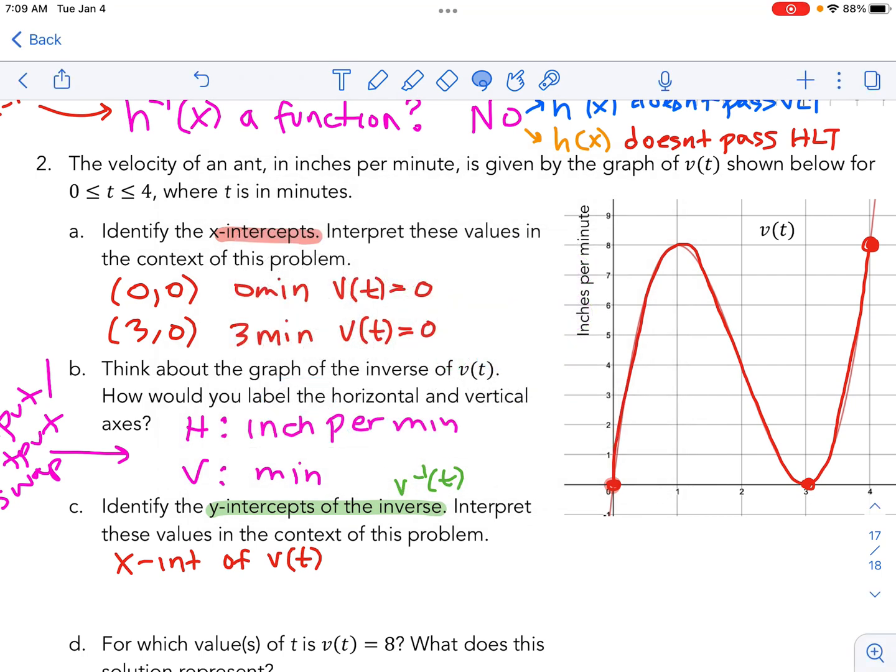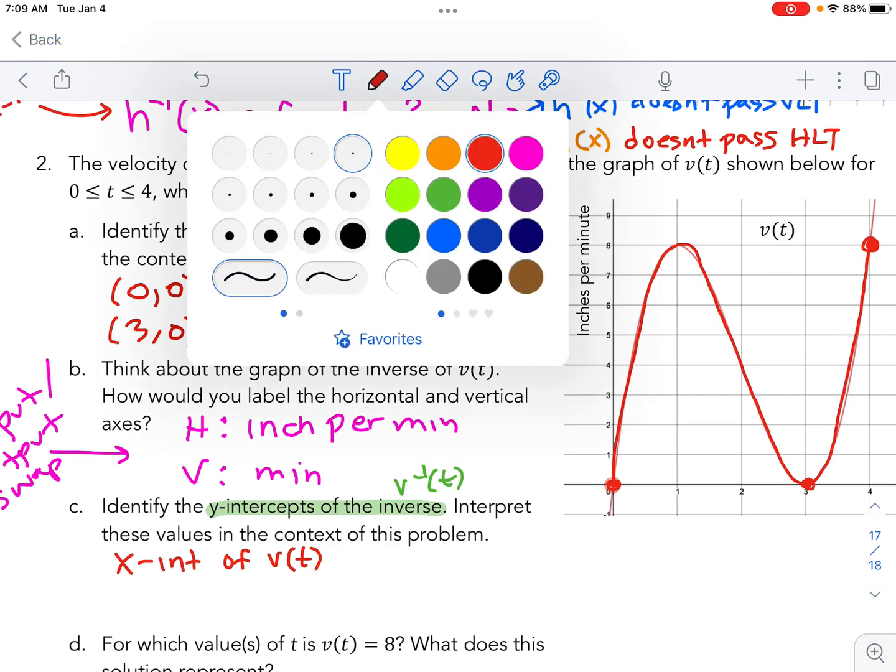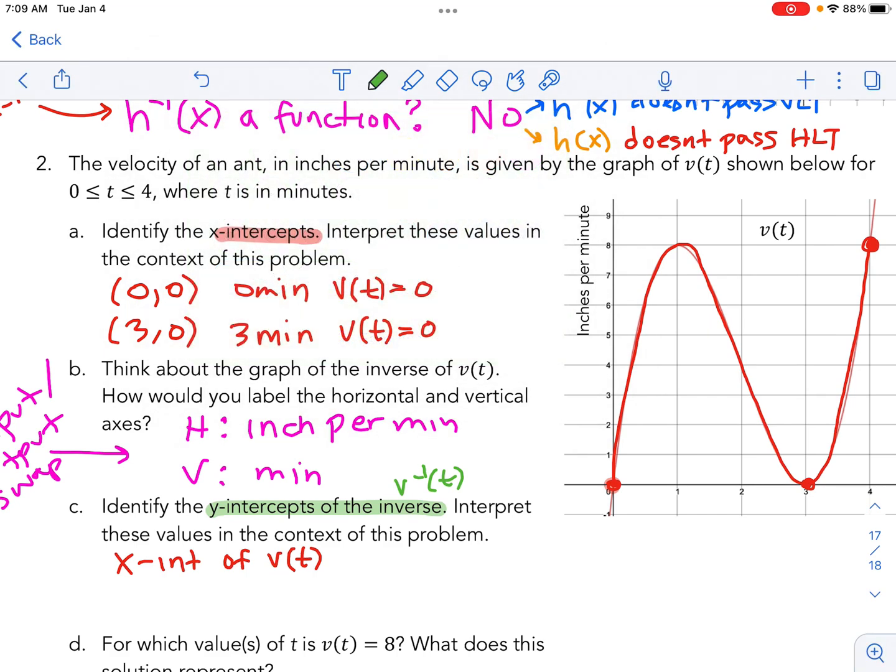There we go. Okay, so the y-intercepts of the inverse are the x-intercepts of the original function. So the y-intercepts of the inverse become what is written in part A, but swapped. So swapping 0, 0 is still 0, 0. Swapping 3, 0 is 0, 3.